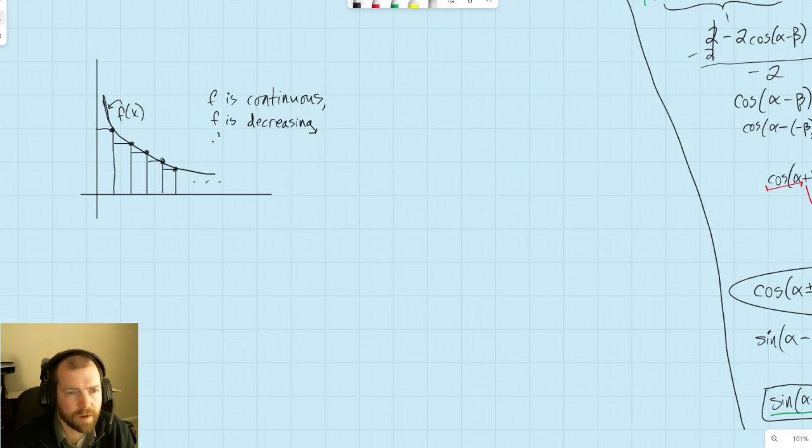And f at n is equal to a sub n, our series value, for all n greater than or equal to some n value, which we call capital N, somewhere along the way.